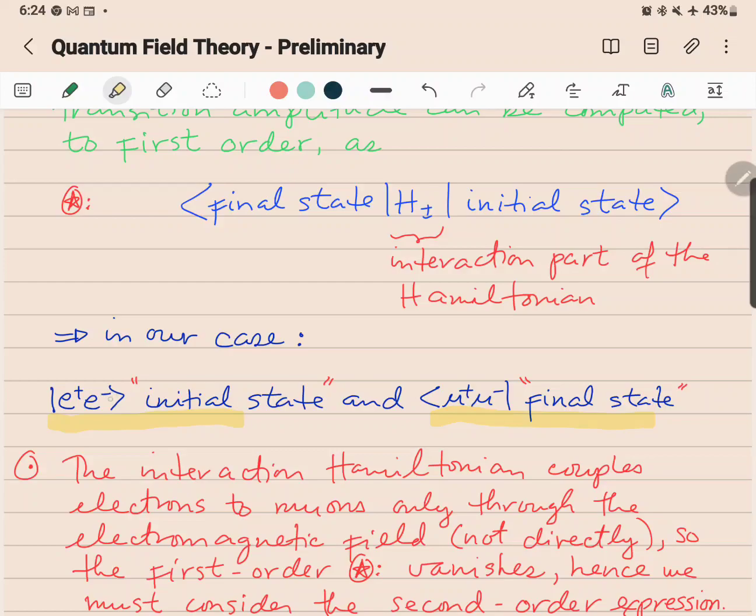So we can replace this one here with that, and this one with that.